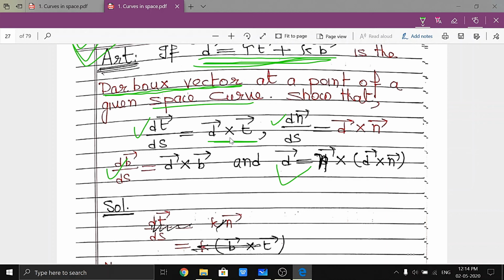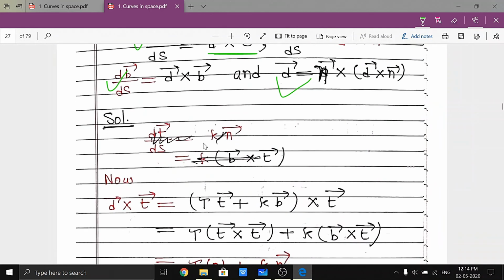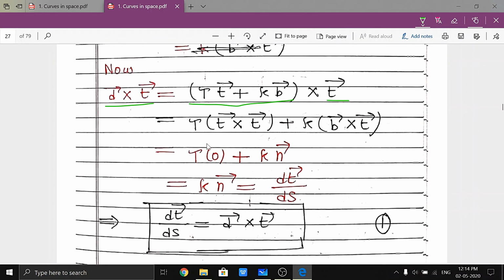I take the right hand side because it is easy to prove from there. Now what is the right hand side? This is d cross t. Now substitute the value of d, which is tau t plus kappa b, cross t. Taking the cross product, this becomes t cross t, which will be 0 because the cross product of the same vector is 0, and b cross t, which is the n vector.